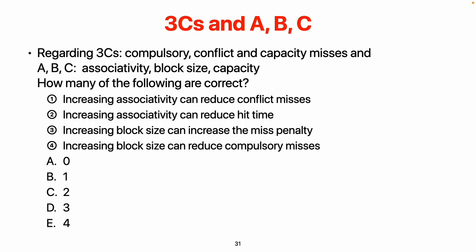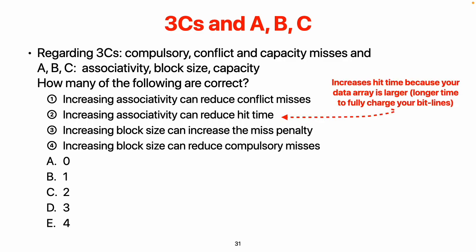And the reason why it's not easy to build multiple ways is because it will increase the hit time. Also, increasing the block size, right? You need to fetch more data during each miss.